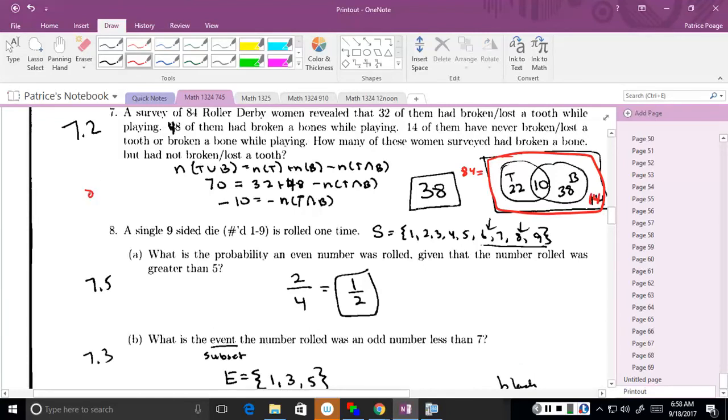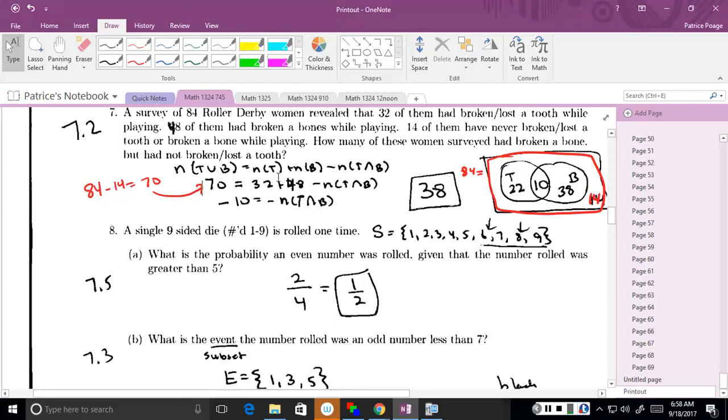That also tells us that 84 total minus the 14 gives us 70 had either lost a tooth, broken a bone, or both. So when we get stuck on our picture, we have to go to our formula. So the number who broke a tooth or broke a bone or both would be 70.